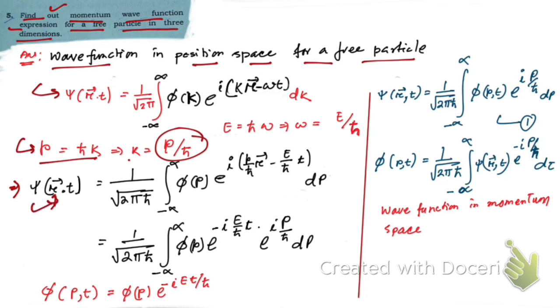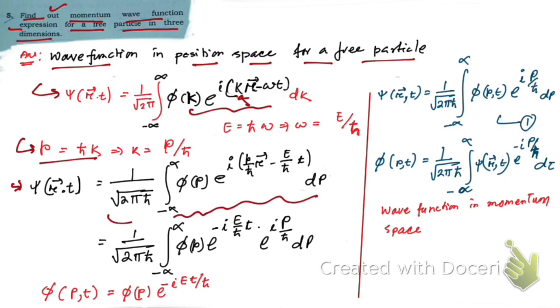So if you express this function in terms of momentum and energy, it will take this form, right? So here you see this part of this equation, as it is a function of t as well as p, so we have taken this phi as a function of p and t, which is equal to this, right?